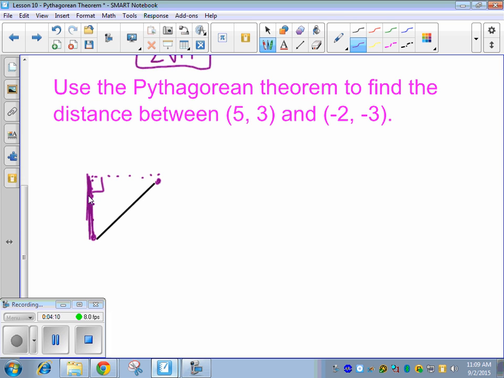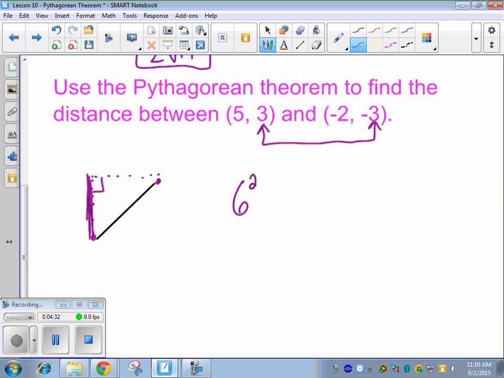If you're going up and down on the grid, that's the distance between the y's. So how far is it from -3 to +3? It's a distance of 6, okay? -3 to 0 is a distance of 3, and 0 to 3 is a distance of 3.